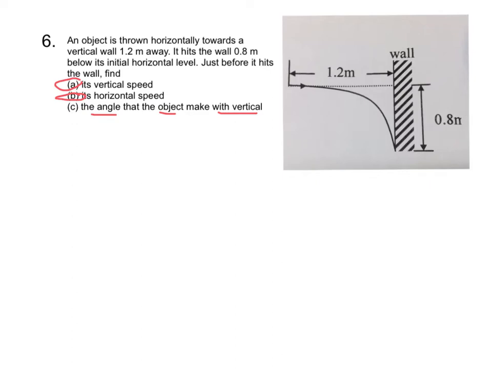Let's first consider its vertical motion. Maybe this axis we call y. We have uy equal to 0 since it is initially projected horizontally.